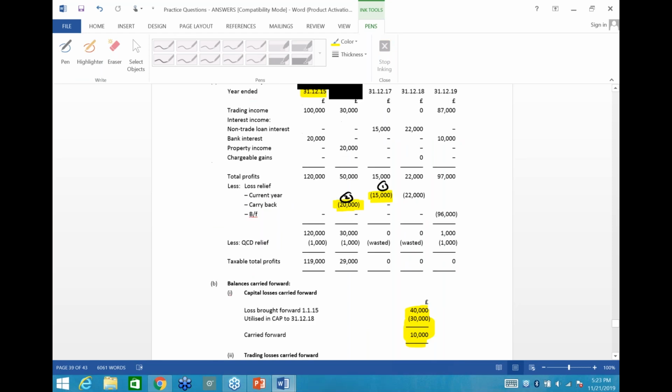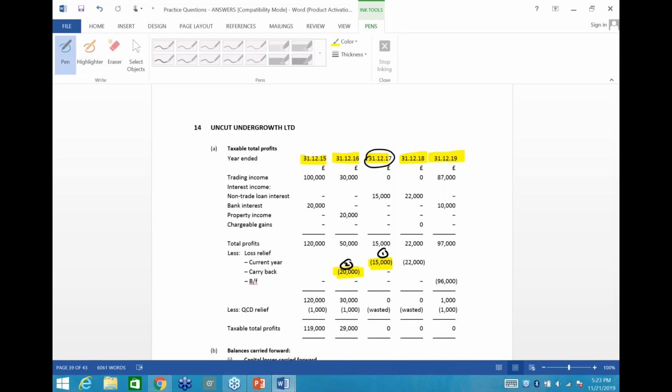Now this is the loss-making year. Current year total profit, £22,000. Maximum possible amount you have to set off. Any unrelieved amount you can carry back. But the problem is, in the previous year, you do not have any total profits remaining. So only 22,000 can be relieved.